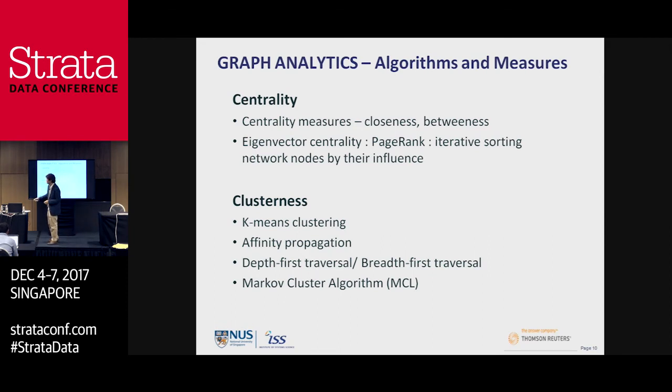We have depth-first and breadth-first traversal. Depth-first means that you're going deep inside and trying to expand your subgraph, whereas with breadth-first, you go on a more horizontal level across the graph in order to identify the clusters. Of course, we have the Markov cluster algorithm, which does a Markov chain simulation of a correlation matrix to eventually identify the clusters. These are some of the algorithms in centrality and clusterness.